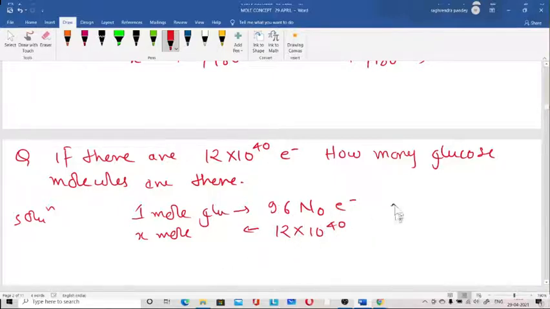So you can calculate the X: 12 into 10 to the power 40 divided by 96, and this will come as moles of glucose, but you have to find out the molecules. So you just multiply it by N naught after getting the answer. Got it? Also you can do that, no problem.